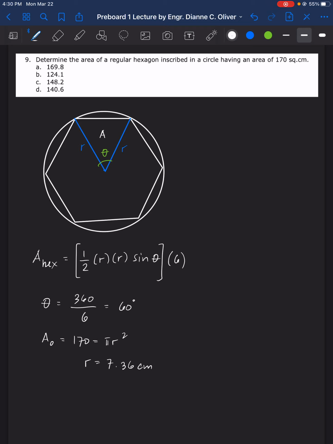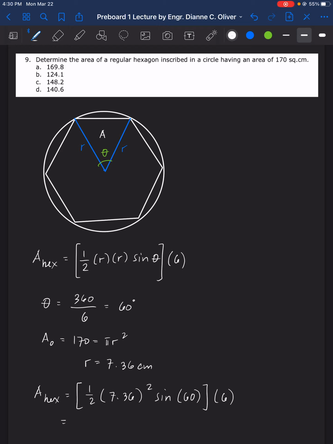7.36 centimeters. Therefore, the area of the hexagon now is equal to 1/2 times 7.36 squared times sine 60 degrees, multiplied by 6.